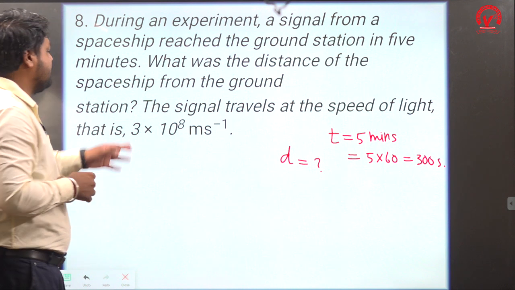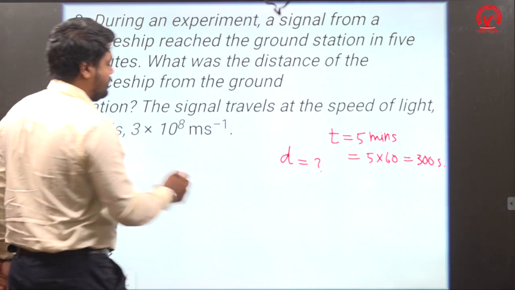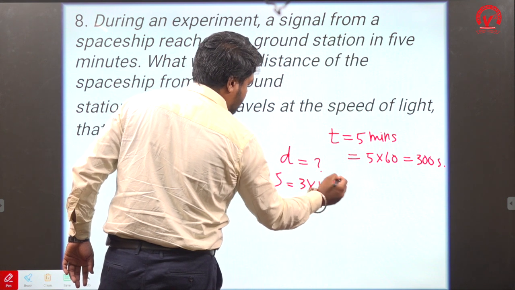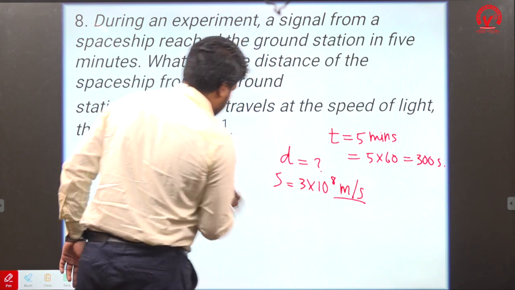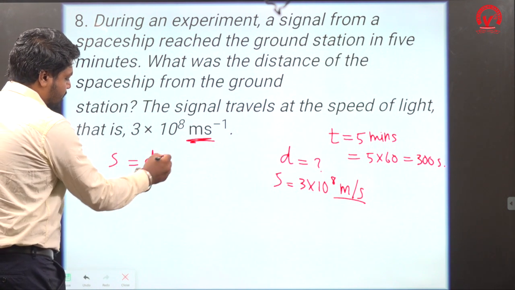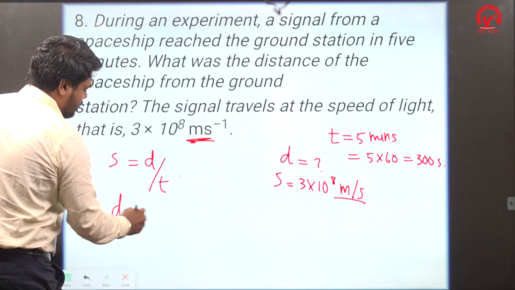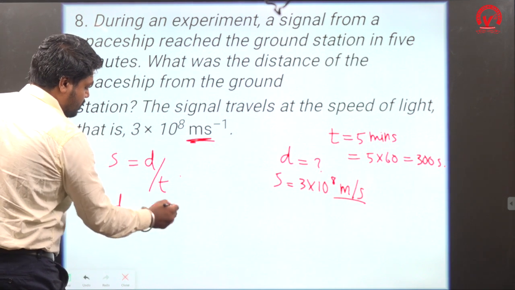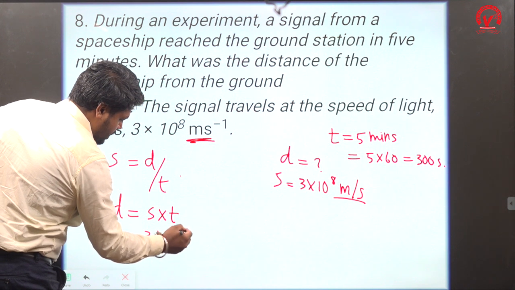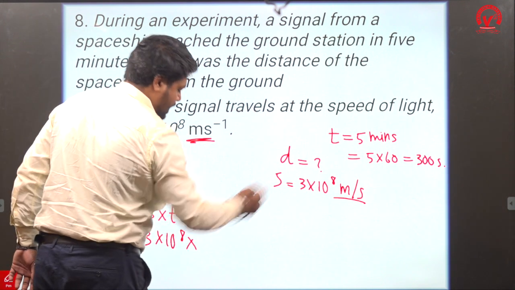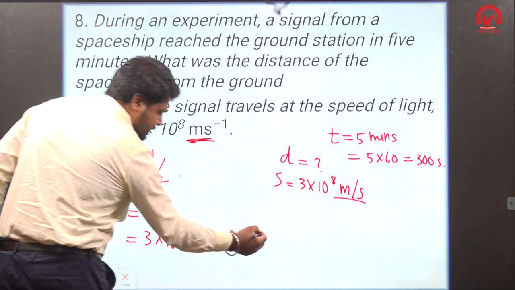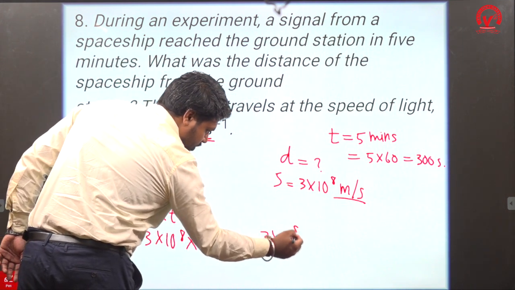Got it. Next, the signal travels at the speed of, so speed they have given. Speed S is equal to 3 into 10 to the power 8 meter per second. So this is in SI unit only, no need to convert. What is speed? Speed is equal to distance by time. So distance is equal to speed into time, which is 3 into 10 power 8 into 300.